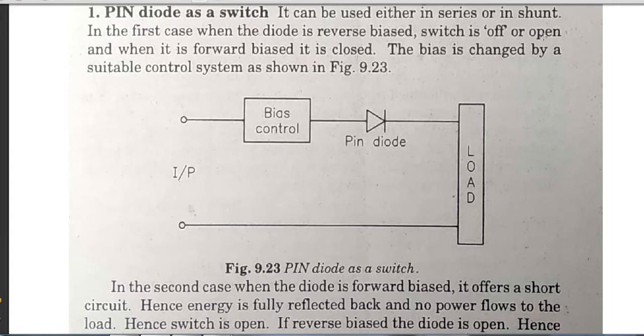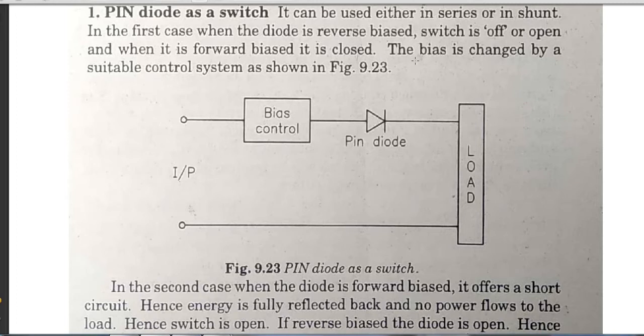It can be used either in series or in shunt. In this case we have used the PIN diode in series. When the PIN diode is reverse biased, the switch is off or open, and when it is forward biased, it is closed.